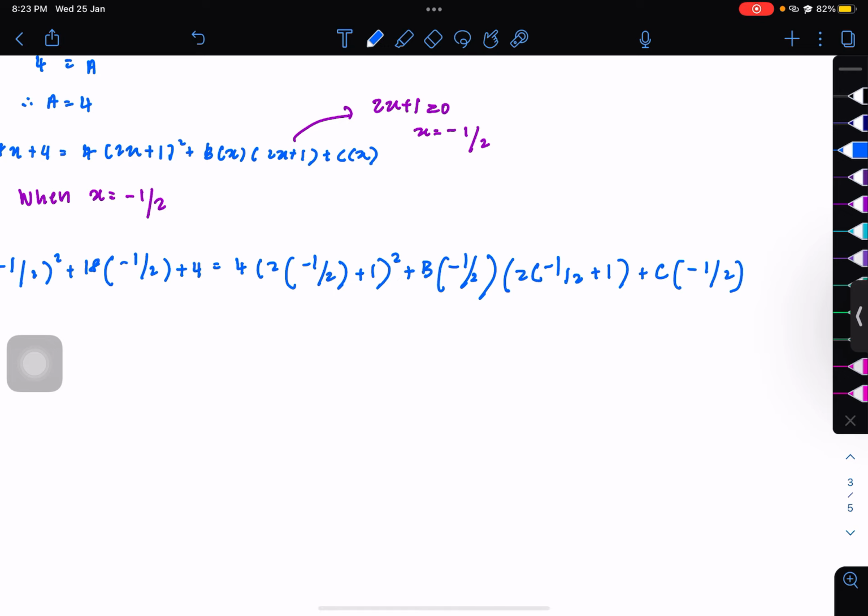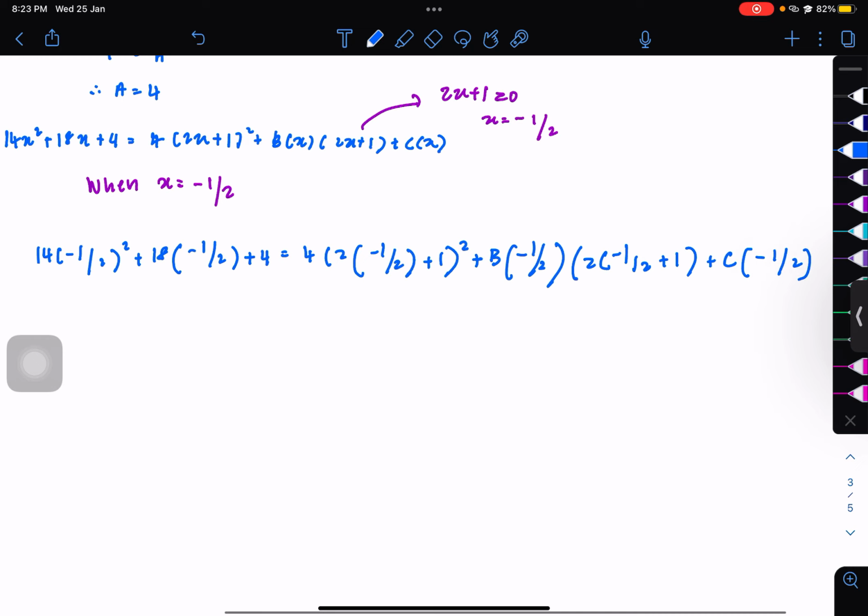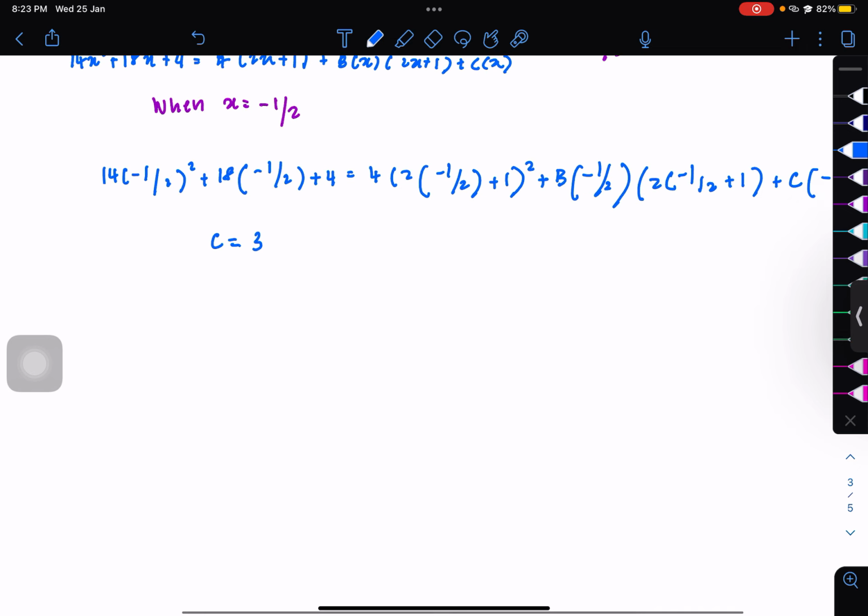Okay, if you press your calculator, you will get the value of C, which is C equals 3 actually.